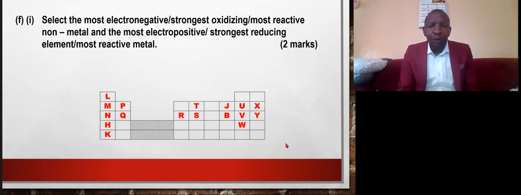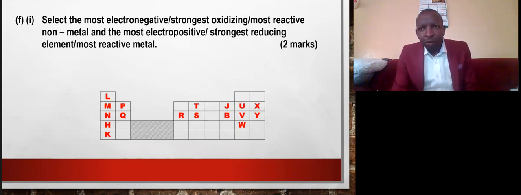To lose or to gain? The most electronegative is the one that has the highest tendency to gain electrons. And it is also called the strongest oxidizing agent, isn't it? Yes. Or rather, the more reactive non-metal. So what about the strongest reducing agent?